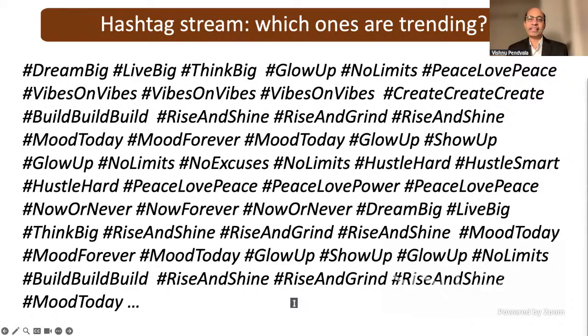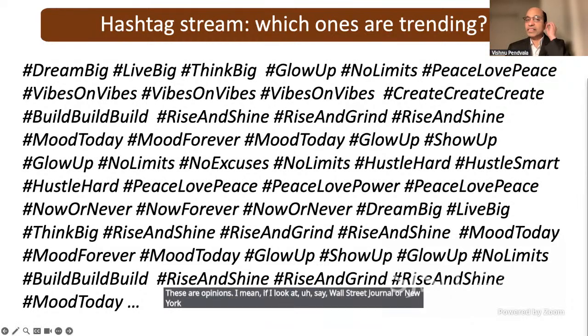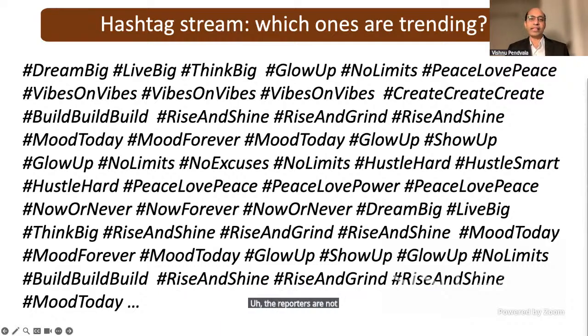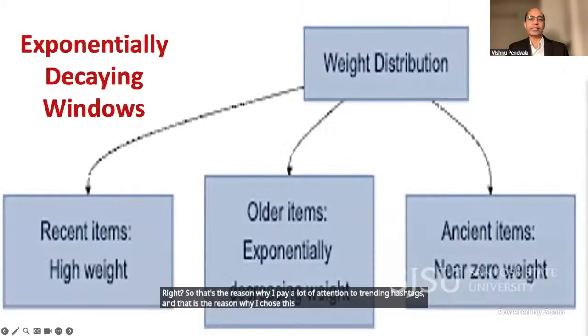I look at the trending news on LinkedIn and Twitter to get news. The reason is because these are opinions. If I look at, say, Wall Street Journal or New York Times, the reporters are not allowed to express their opinions. Whereas on LinkedIn and Twitter, we get the opinions as well, and the latest opinions, right? That's the reason why I pay a lot of attention to trending hashtags, and that is the reason why I chose this algorithm for today's talk.